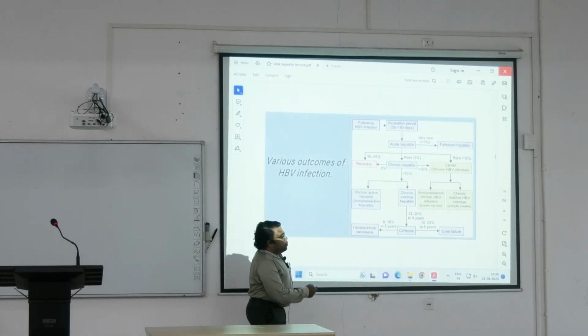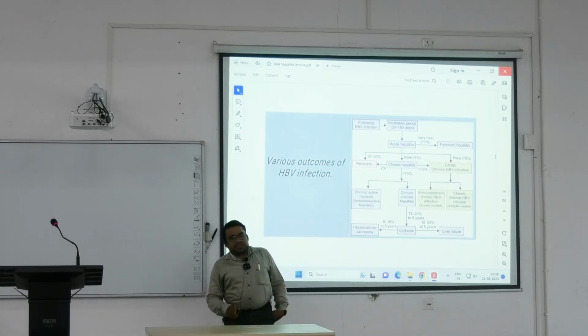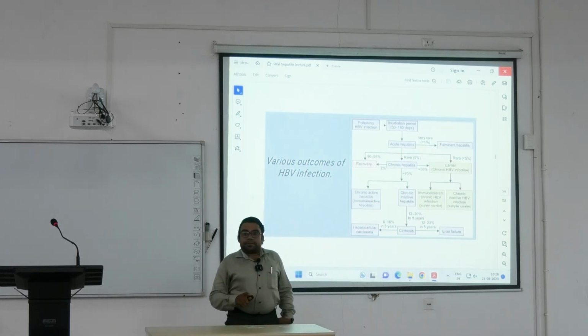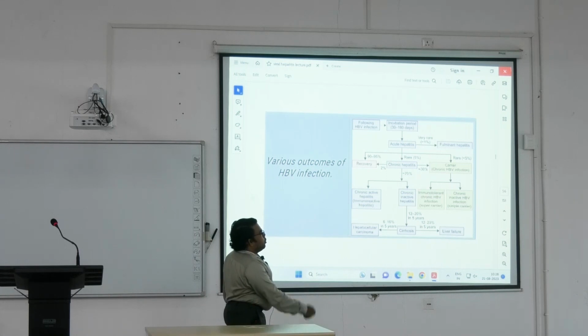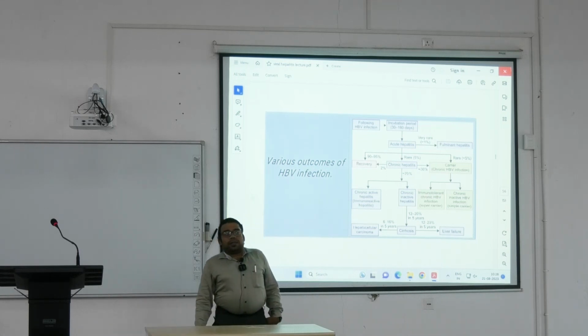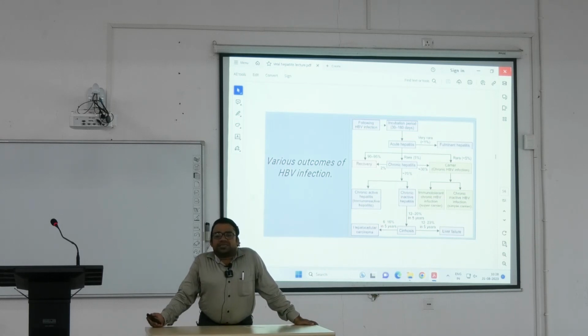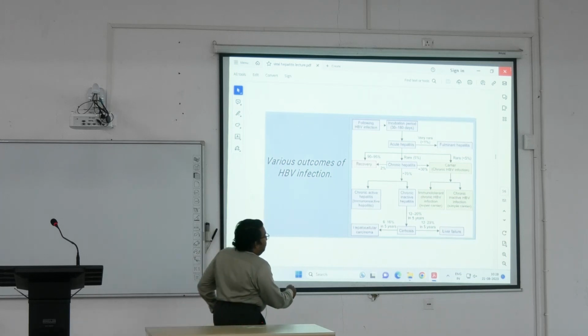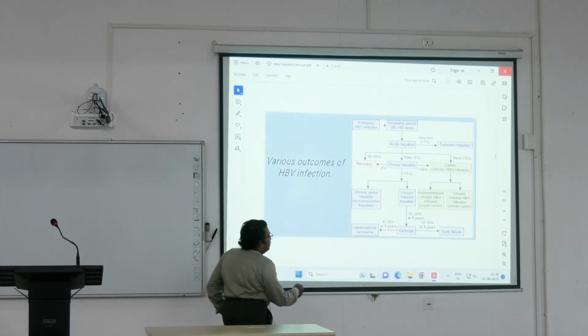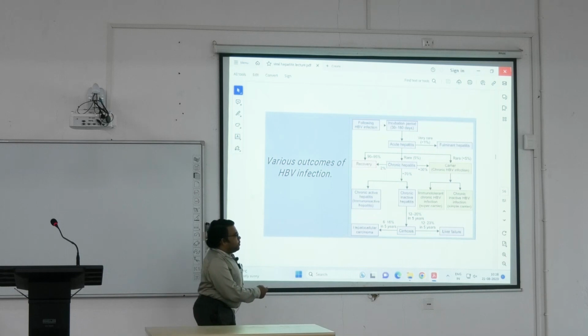They will either become chronic inactive hepatitis B infection, that means the virus is present but is not replicating. The other one would be immune tolerant, that means the virus is replicating at a very low number but the patient remains asymptomatic, that is, does not manifest. The people who develop chronic hepatitis will ultimately have either active hepatitis or inactive hepatitis.